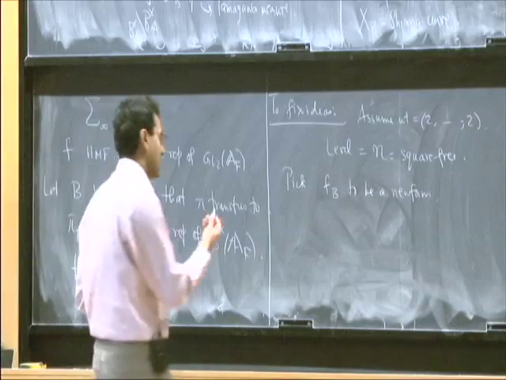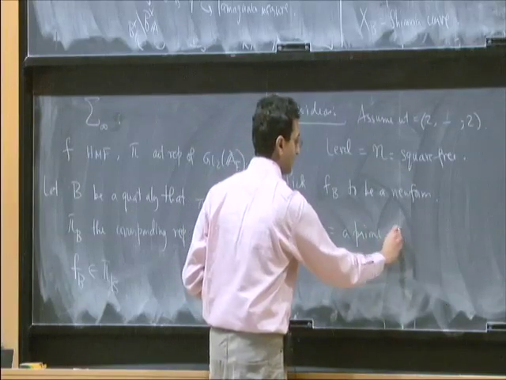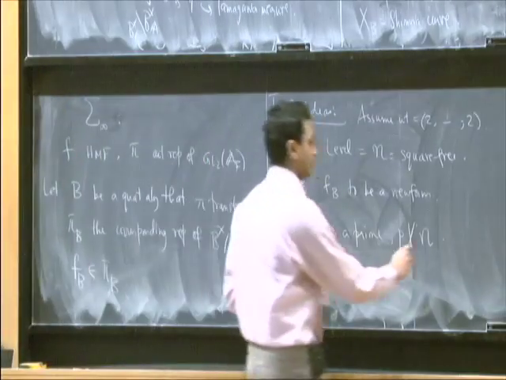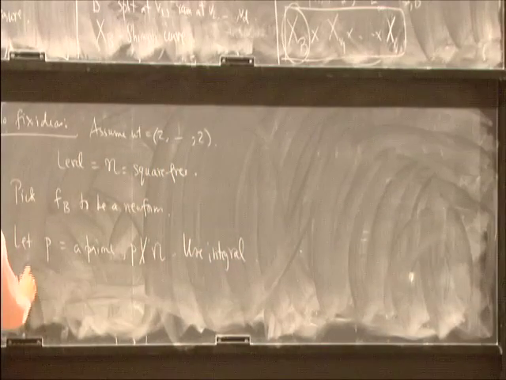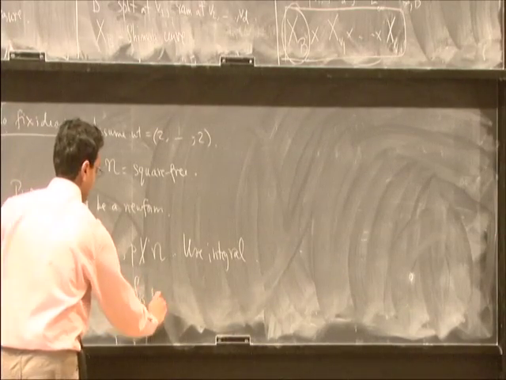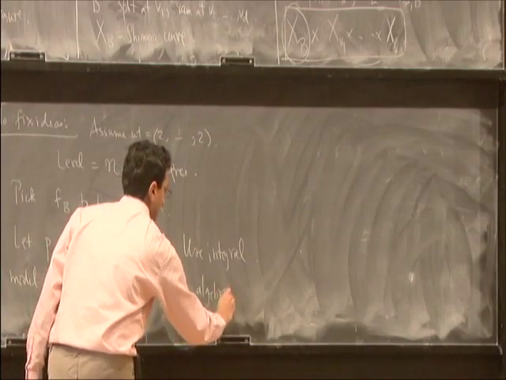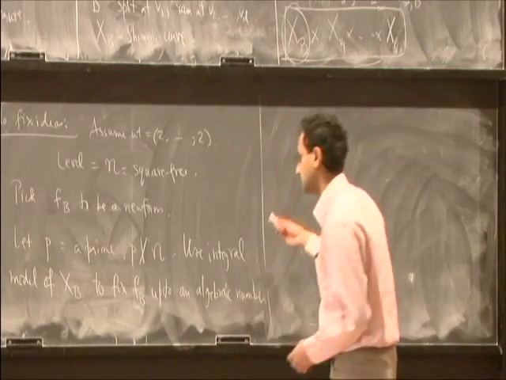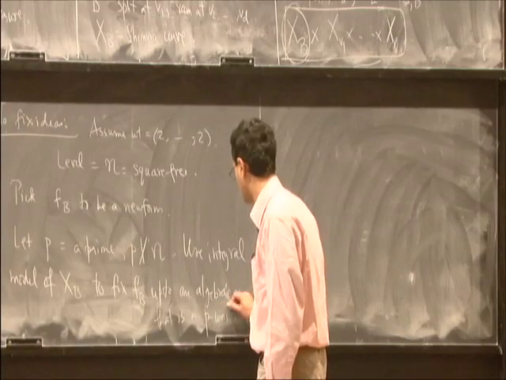So if you fix a prime p, for example, a prime not dividing the level, then you can use the integral model of the Shimura variety X_B to fix f_B up to an algebraic number that is a p-unit, that is, a unit at all primes above p.